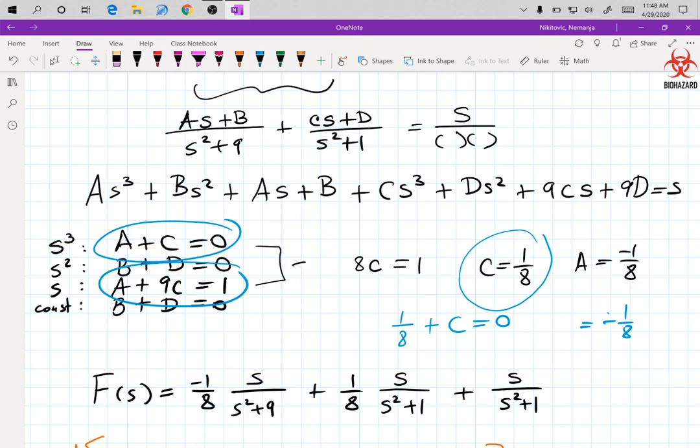A plus 1 over 8 must be 0, so A must be negative 1 over 8 in order for them to add to 0 from the first equation. And if you check that in the second equation, you get A, which is negative 1 over 8, plus 9 over 8 is 8 over 8. It's good. All good.